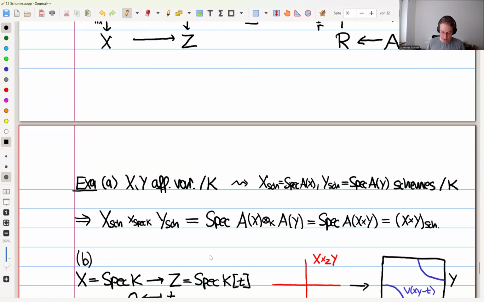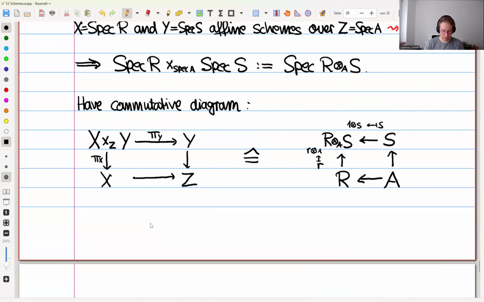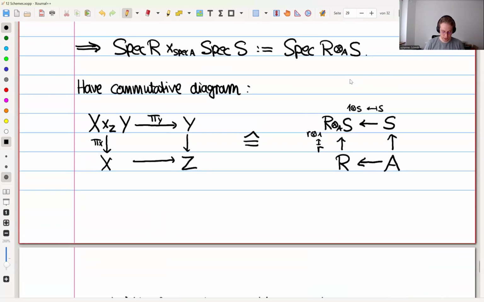So let's compute this in a couple of cases and see that it gives some reasonable answers. If X and Y are affine varieties over k, so this Z is equal to k, then we get their corresponding schemes given by the spectrum of these rings. And then if you take this affine fiber product over Spec k, by the definition, you just take the spectrum of this tensor product.